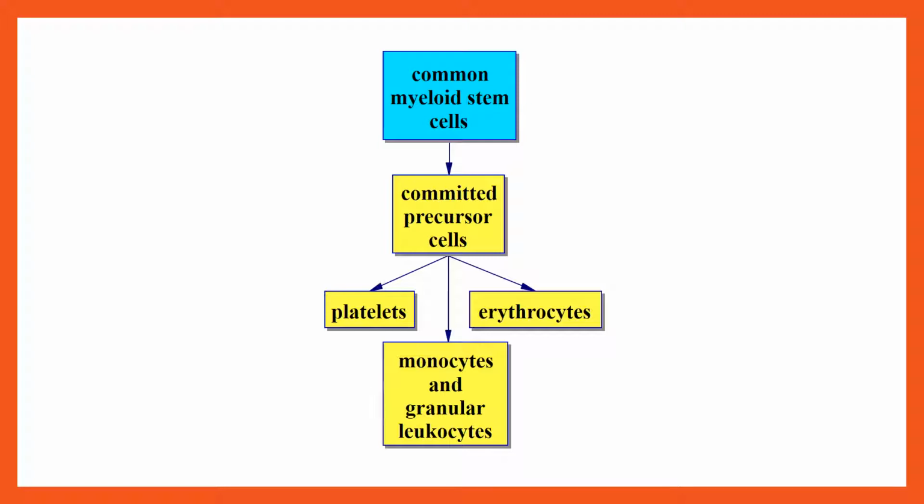The colony forming units are precursor cells that will eventually turn into the type of cell that we need in circulation. This process doesn't happen by itself. For the transformation to occur, we need colony stimulating factors. Colony stimulating factors are chemical substances that affect bone marrow to produce certain types of cells.